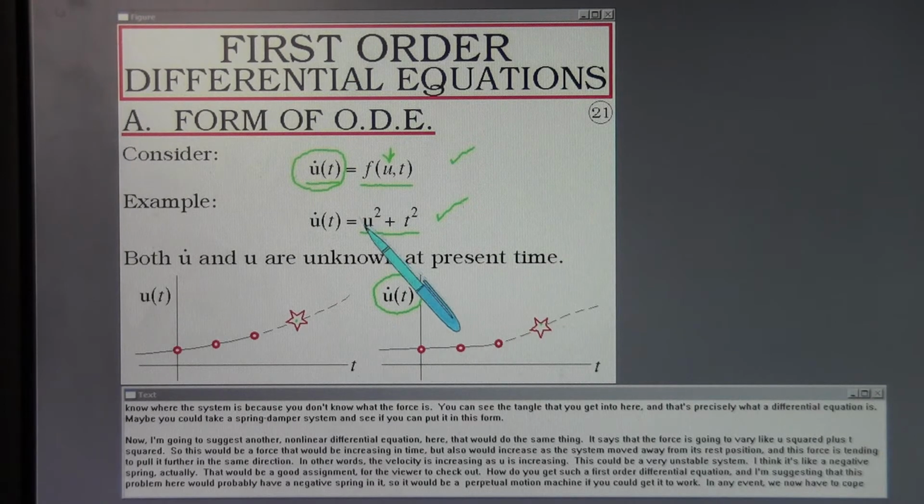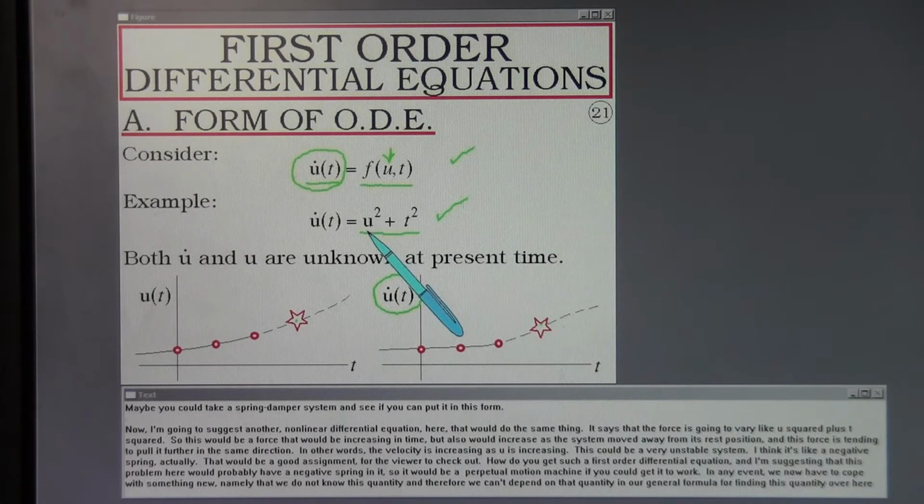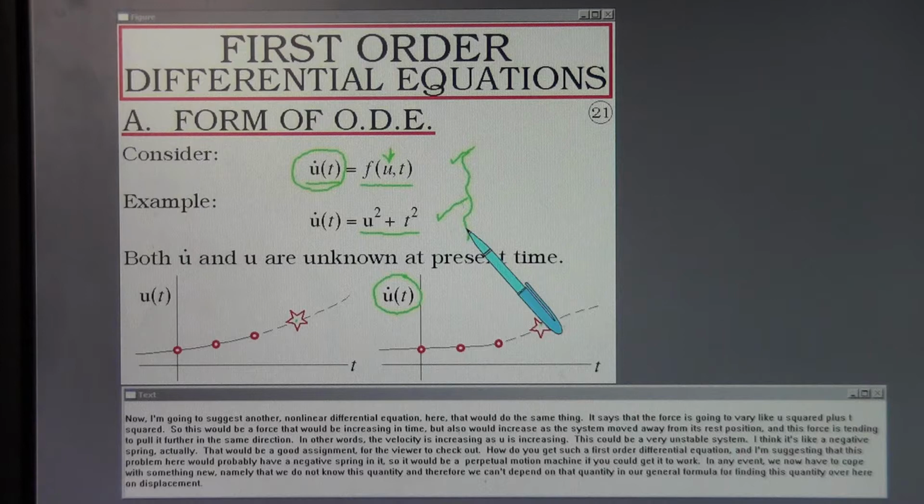And this force is tending to pull it further in the same direction, in other words, the velocity is increasing as u is increasing. This could be a very unstable system here. I think it's like a negative spring, actually. That would be a good assignment for the viewer to check out. How do you get such a first-order differential equation? And I'm suggesting that this problem here would probably have a negative spring in it, so it'd be a perpetual motion machine if you could get it to work.